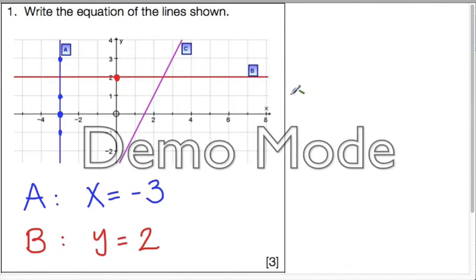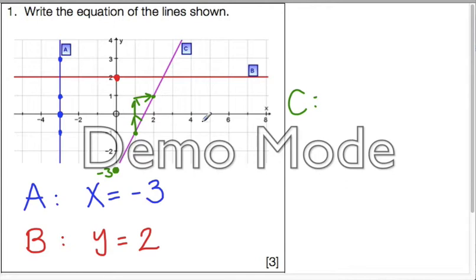So line C, its y-intercept is cut off, but it's -3, and the slope, let's pick a point here, and the next one going through the crosshair is over here. To go from one point to the other, I have to go up 2 over 1.